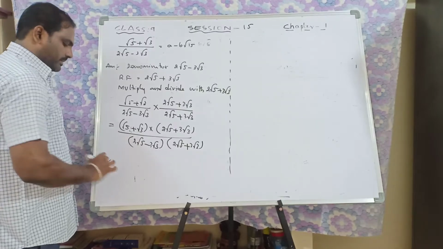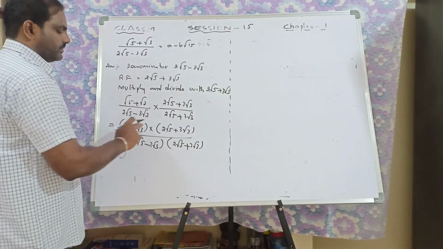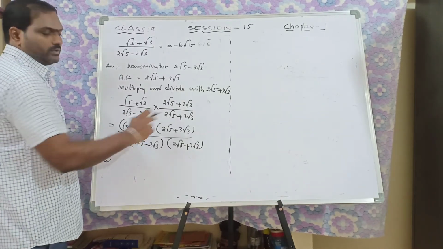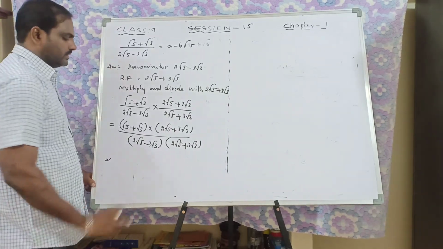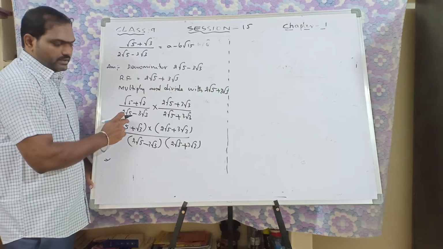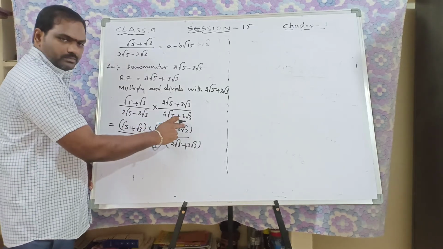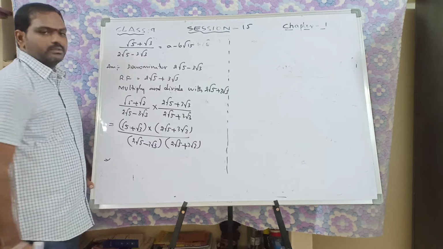Now here is the main step. In the previous sum, the numerator was in the same method, a into a. But here it is not. We have to follow another method. We multiply the first term with these two terms, then the second term with these two terms.